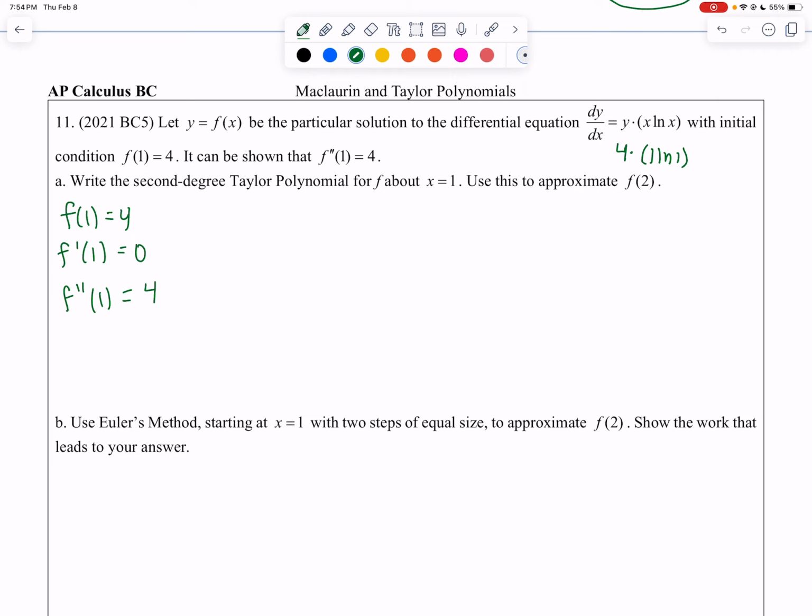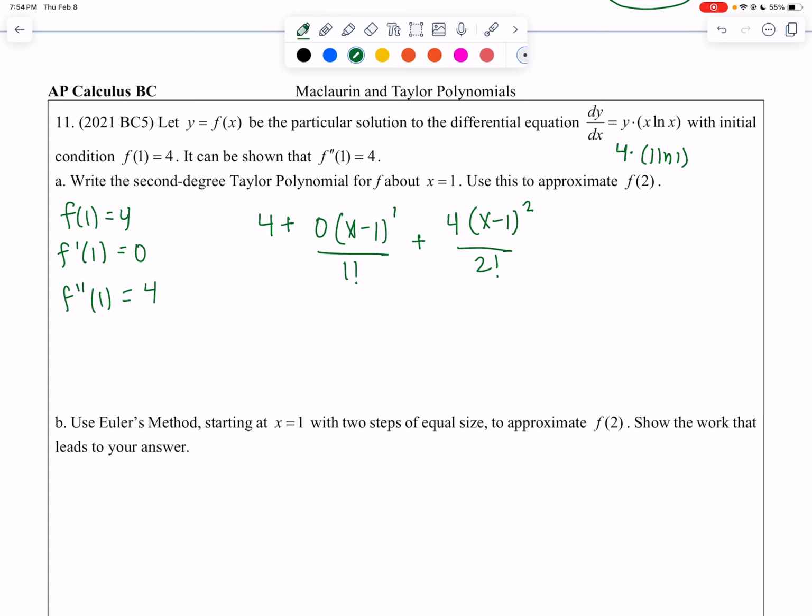Great. All right, so that's going to give me 4 plus 0 times (x minus 1) to the 1 over 1 factorial, which eventually is going to be 0, but I like to do that just for consistency. Okay, 4(x minus 1) squared over 2 factorial.